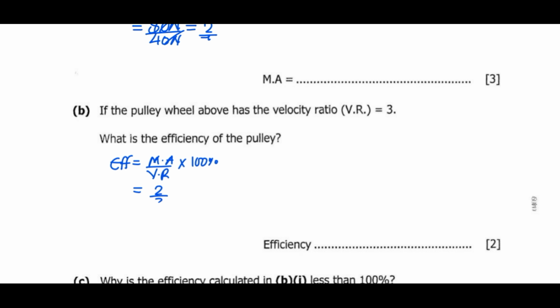It's 2 divided by velocity ratio, given as 3, times 100%. So 2 times 100 will give us 200. Then divided by 3, you get 66.6, which is 66.7%. This is our efficiency.